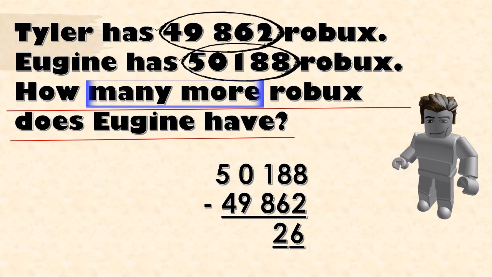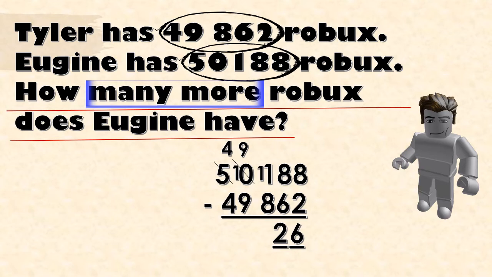8 hundreds from 1 hundred cannot work, so we go over to our thousands column. It still cannot work, so we go to our 10,000 column. We rename our 5 ten thousands as 4 ten thousands. Go back to your thousands column. You now rename your 10 thousands as 9 thousands. Go back to your hundreds column.